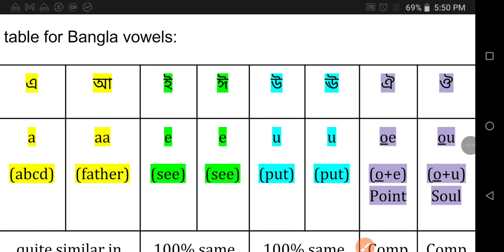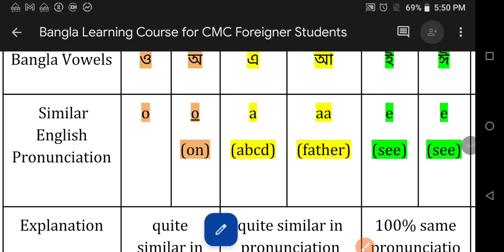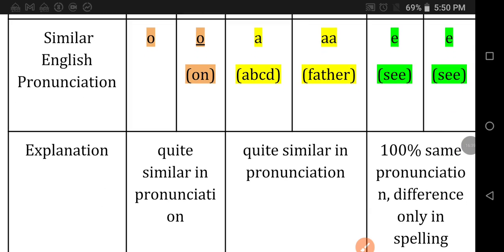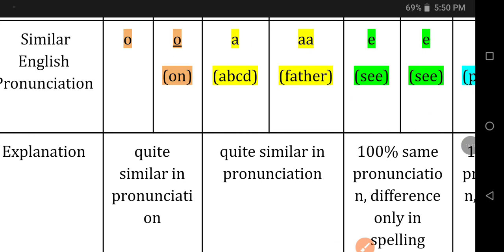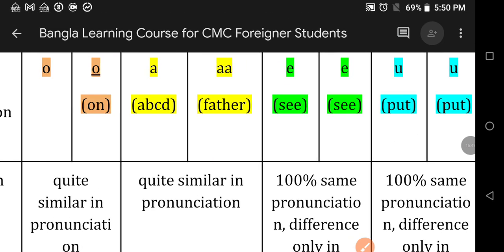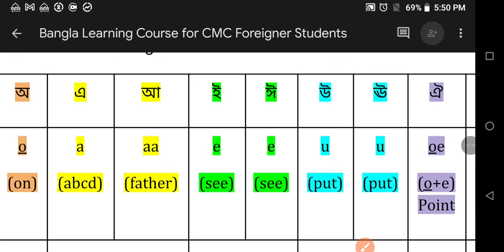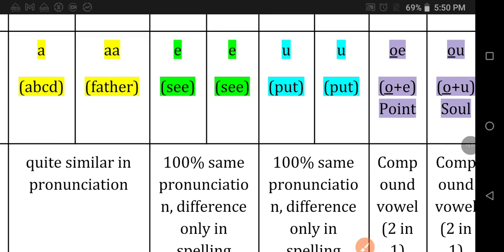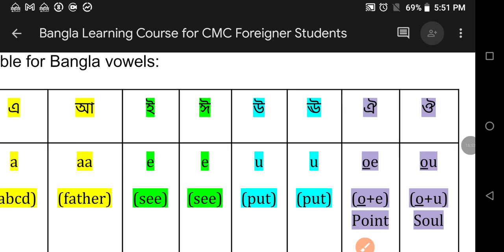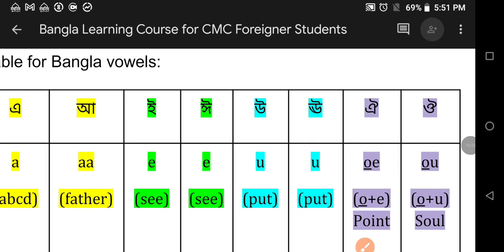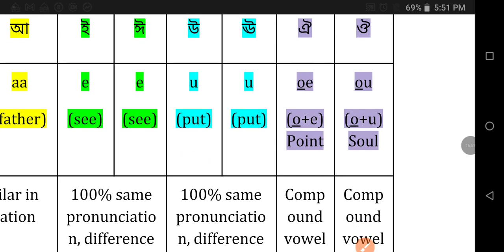And finally the last two. Okay, the first two, O and O, are quite similar in pronunciation, meaning kind of nearby, and I will use O and O underlined for these two. Quite similar in pronunciation, the second two as well. We have A and A, kind of similar, and these two and these two are totally the same in pronunciation, E, E, U, U. And the last two are kind of different.